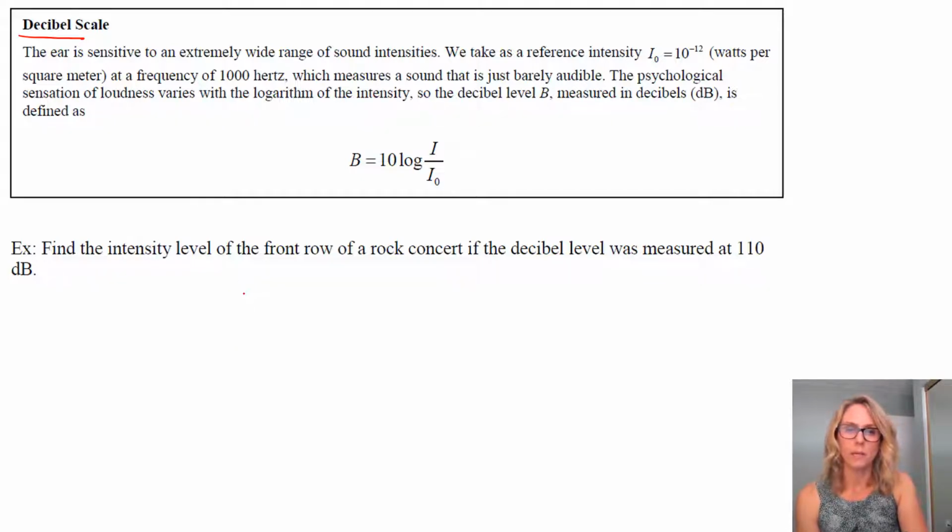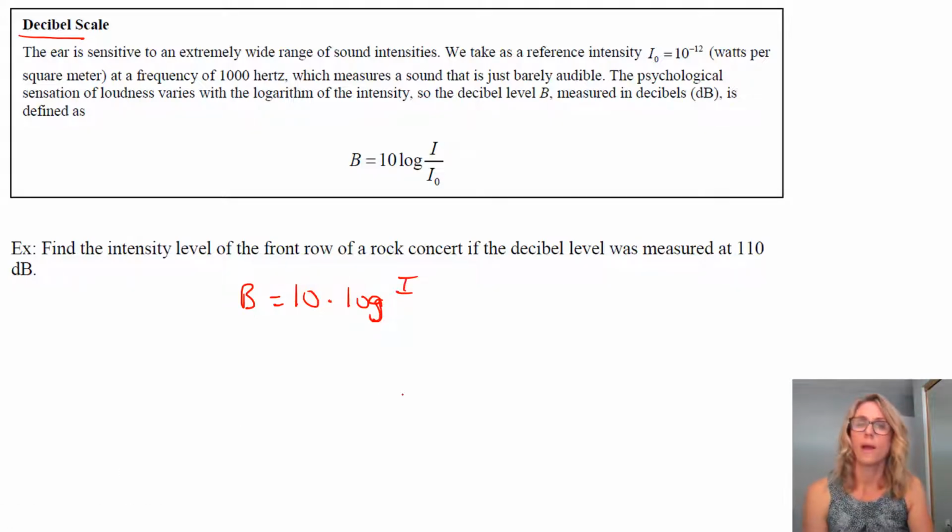So we have this idea of B being the decibel level, and then 10 times log of I over I naught. I is the intensity of the sound, and I naught is, not surprisingly, this reference intensity, similar to the S that we had before.